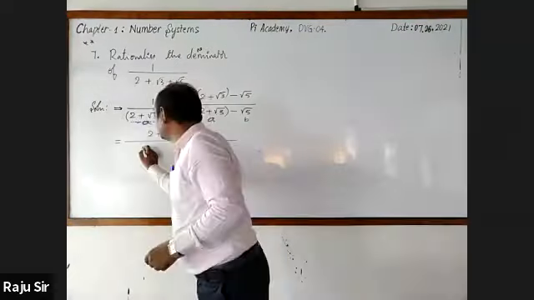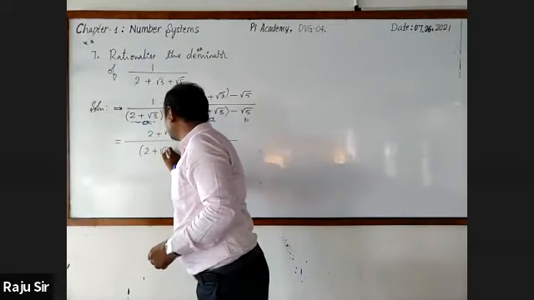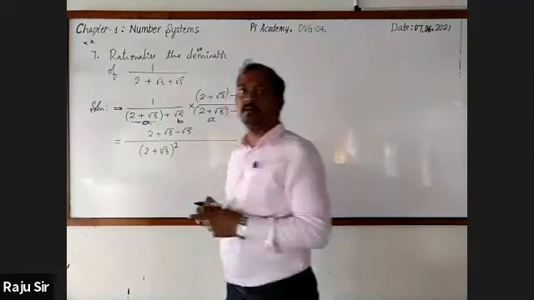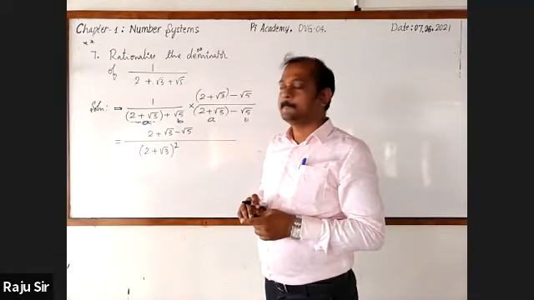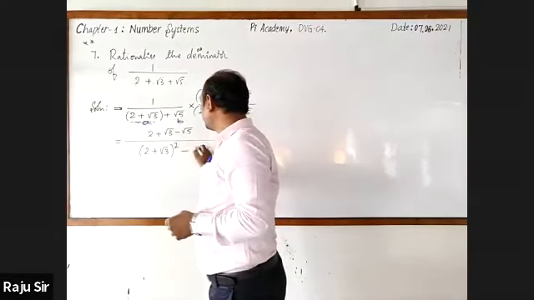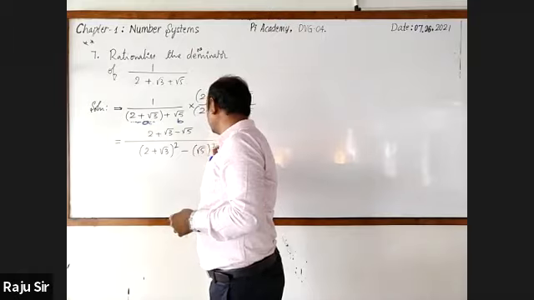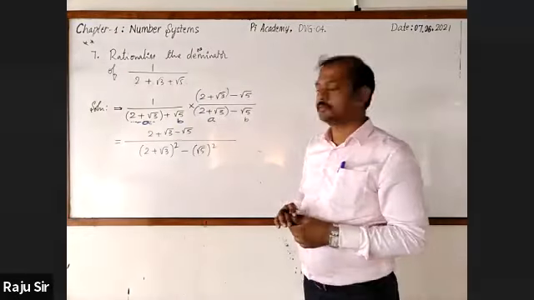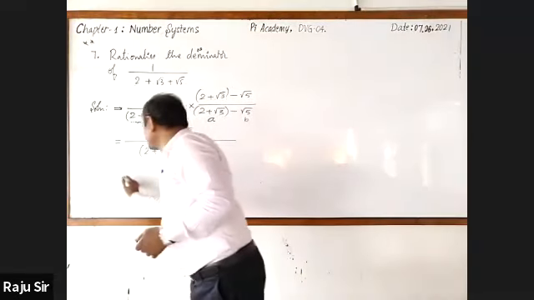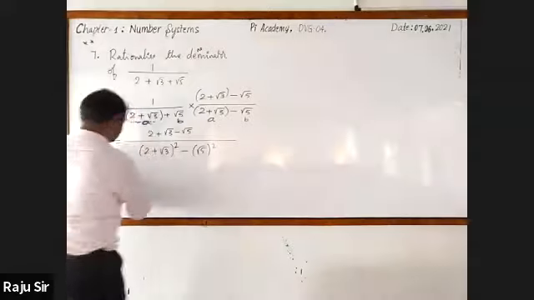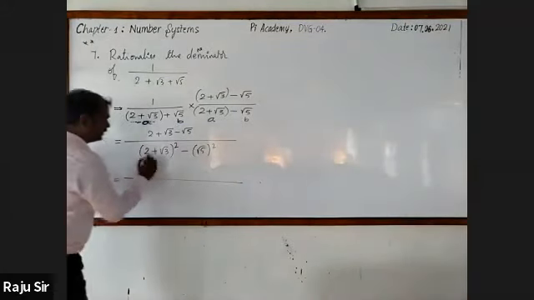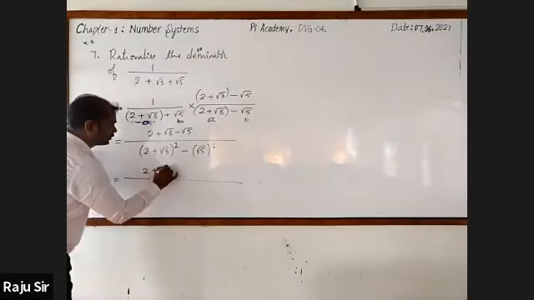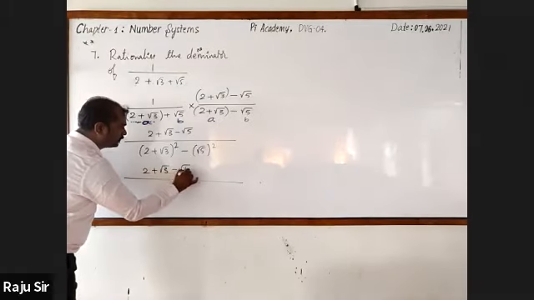A square, it is 2 plus root 3 whole square minus B square, root 5 whole square. This is equal to numerator. Let me write this as it is. It is 2 plus root 3 minus root 5.